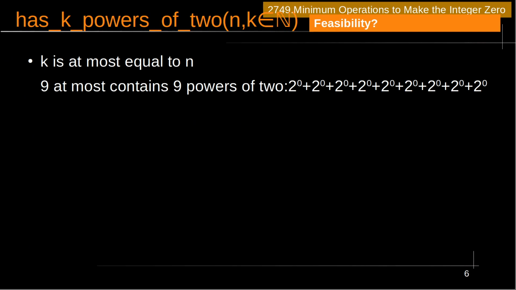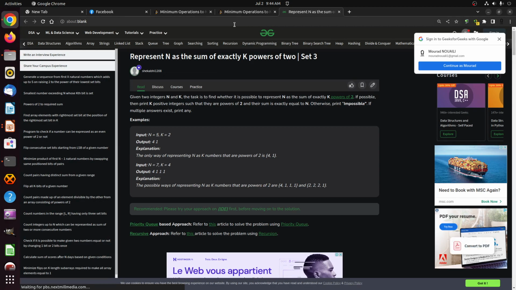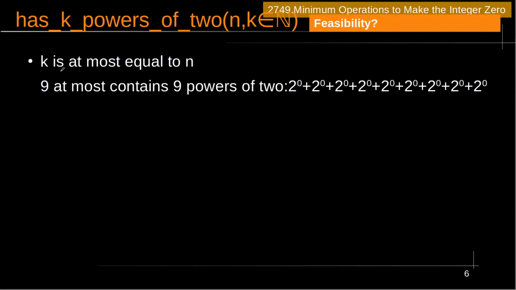So of course here, to check if an integer n has k powers of 2, k must be at most equal to n.